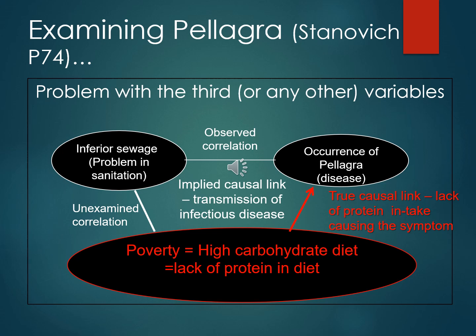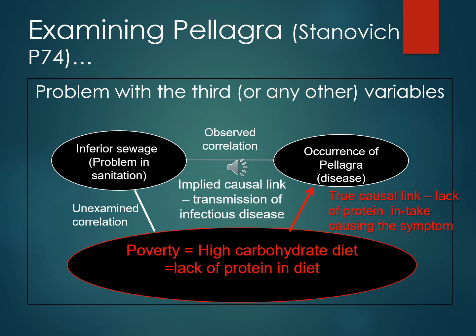Based on that, many people inferred a causal relation, that inferior sewage is causing pellagra. The reasoning is that inferior sewage causes the pellagra disease, with microorganisms spreading through poor sewage. So that's a contagious disease; that's how they understood it.